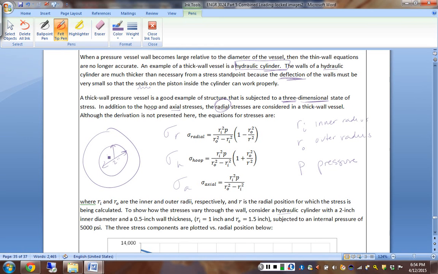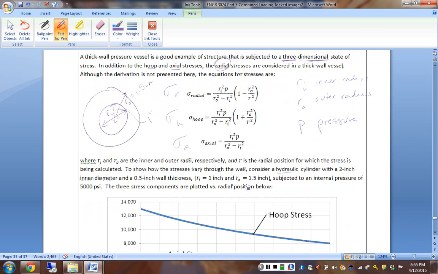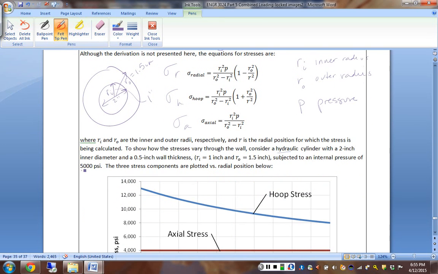So therefore, my r sub i is 1 inch, and if it's a 1/2-inch wall, then my r sub o, outer radius, is 1.5 inches. Okay, we've got an internal pressure of 5,000 psi.